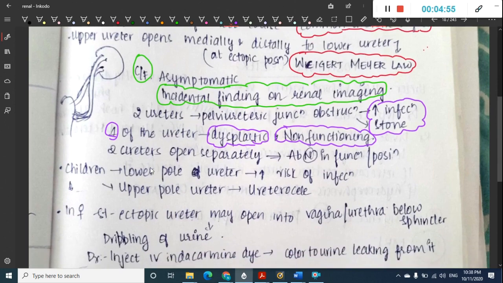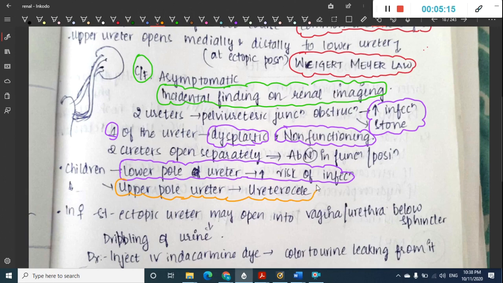Then in children, the lower pole ureter is very important. The lower pole ureter most commonly has increased risk of infection, and ureterocele is most commonly associated with the upper pole ureter.